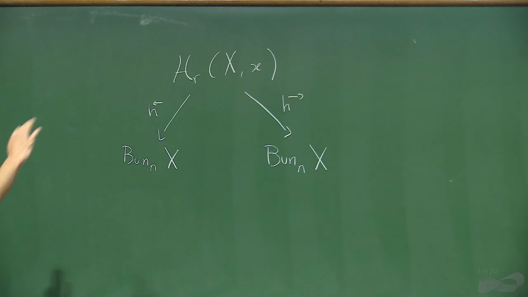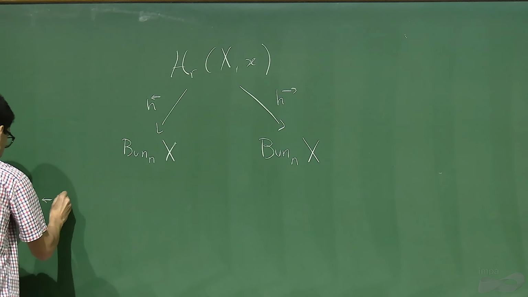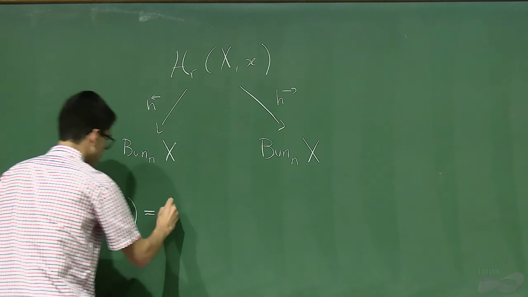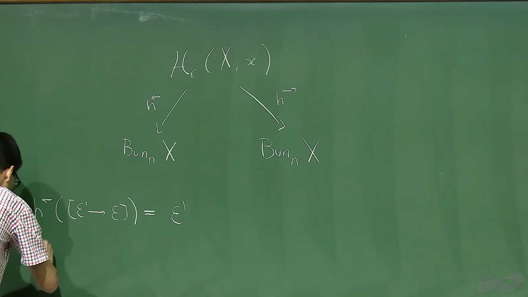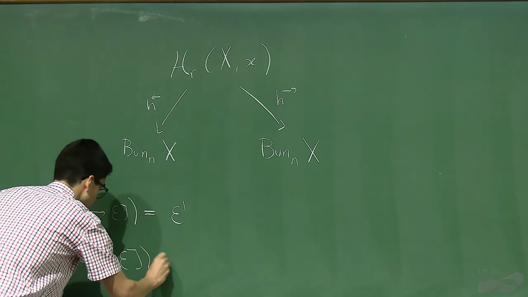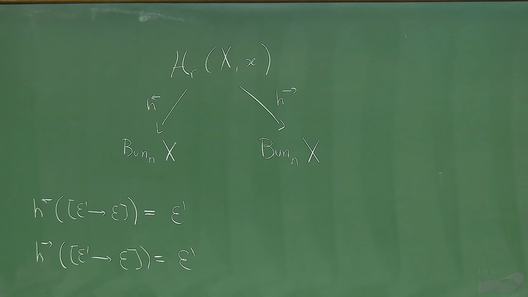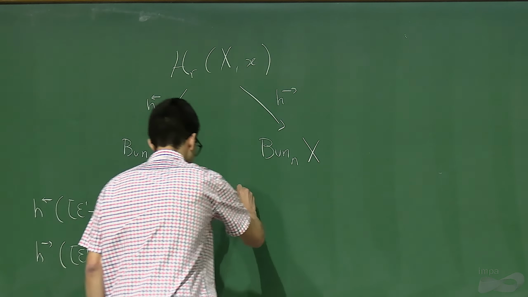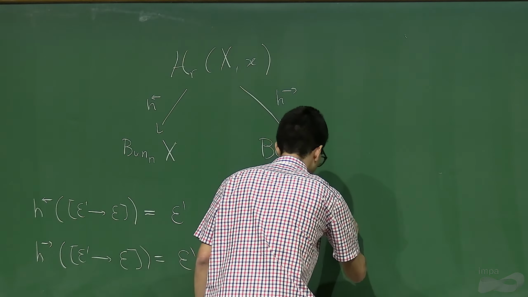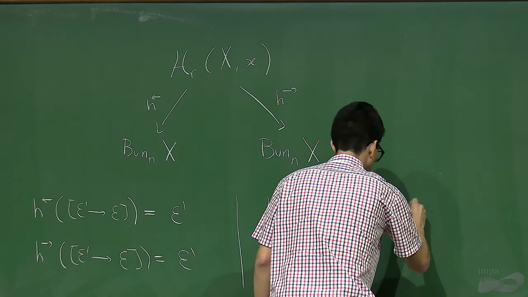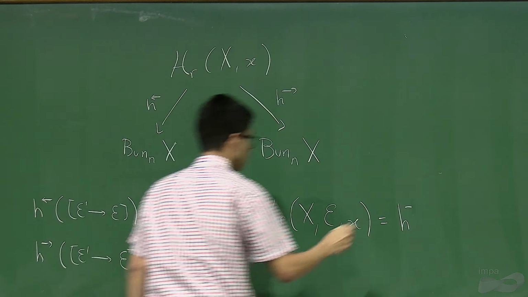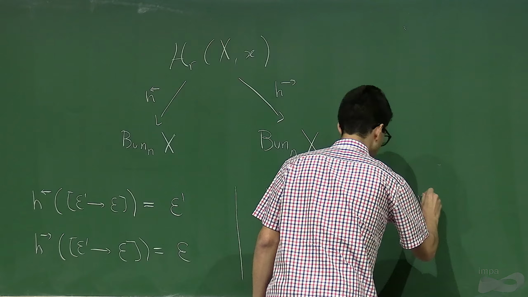And those things are connected by the following. I will define the maps: I'm going to send this just to E prime, and the other map just to E. H_R^x(E), small x, is only the inverse image of E, under the map here.